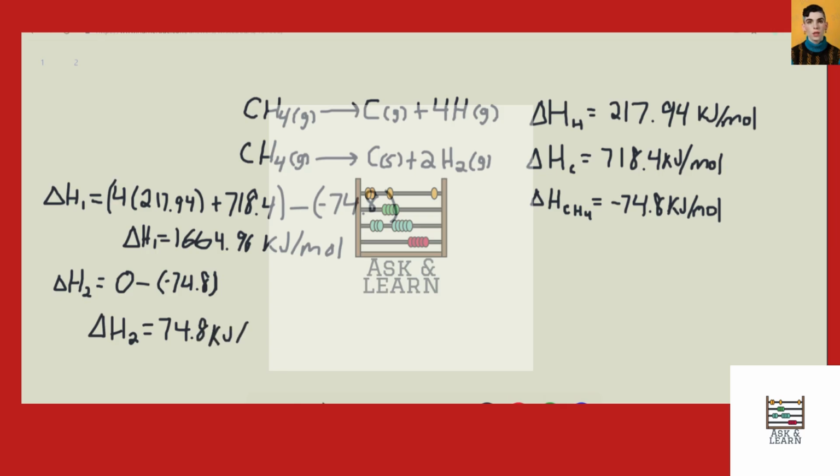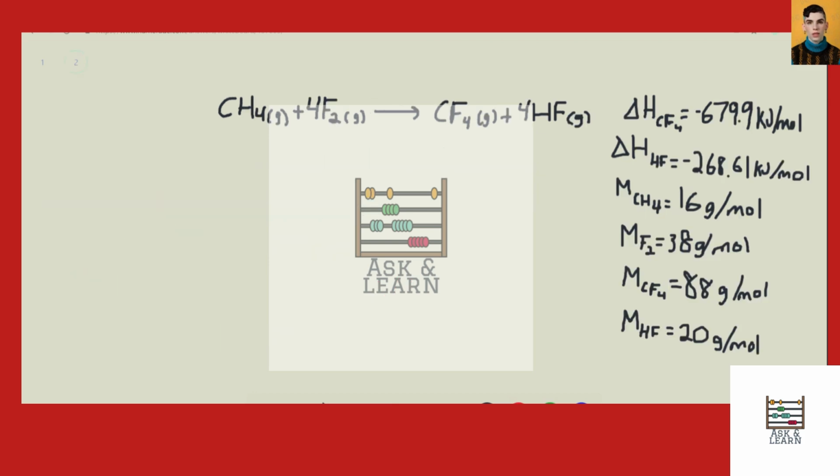You'll see that the delta H for the expansion of our molecule is higher than the delta H for the decomposition of our molecule. The reason is that when you convert gaseous carbon into solid carbon, that's an exothermic reaction.